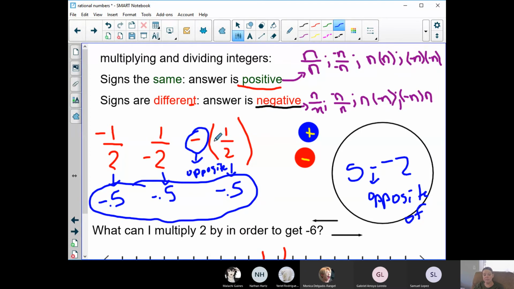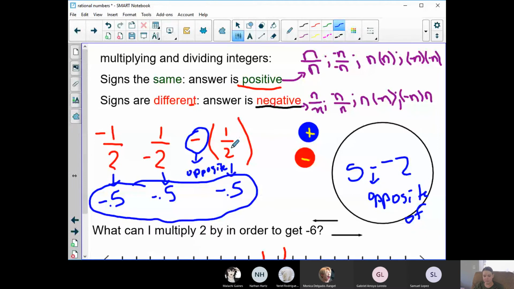So if this was a negative in here, so a -1 divided by 2, we would do the opposite of -0.5, which would be positive 0.5, okay? So outside the parentheses means the opposite of the answer inside the parentheses.